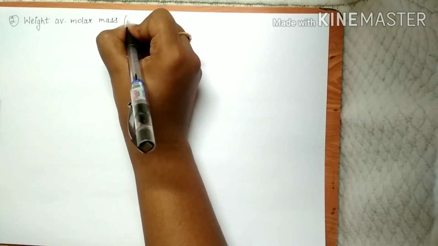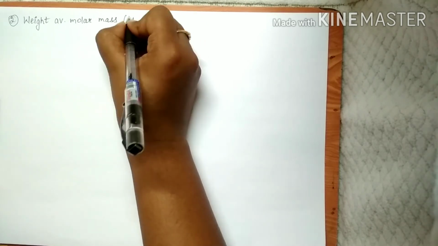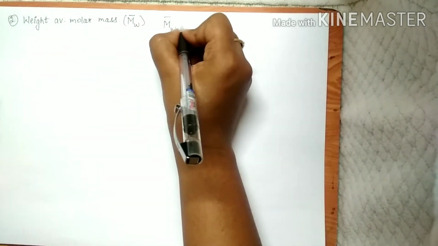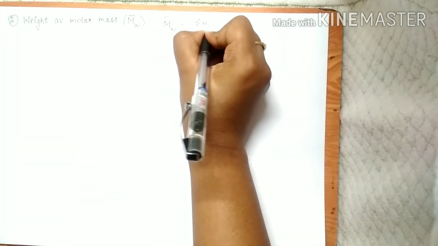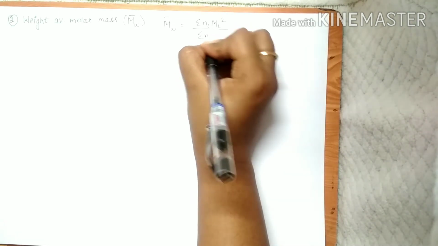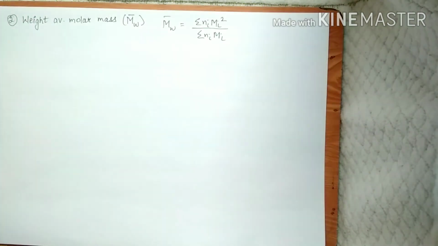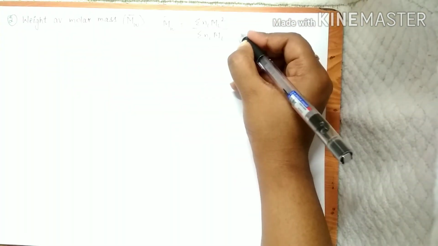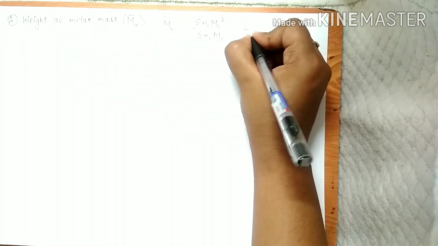It is represented by capital M to the base W bar. Okay, and the formula for it is Mw bar is equals to sigma Ni Mi square upon sigma Ni Mi. Okay, and the experimental method used to determine the value of Mw bar is your light scattering.